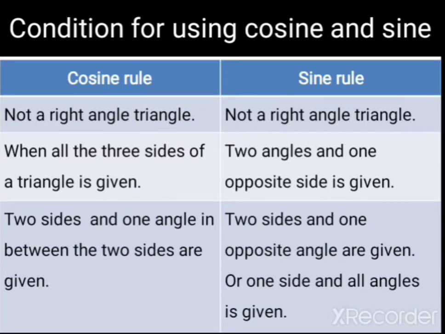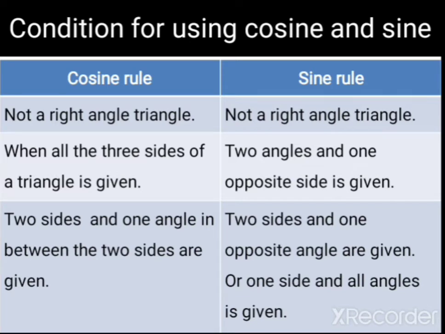But when to use sine rule, look at it. I don't want to bulk you with too much information. Just apply this simple logic. First of all, the triangle is not a right angle triangle. Check if you can use cosine rule. If you cannot use cosine rule, sine rule will work. Let me repeat myself. Check if the triangle is a right angle triangle. If it's not, check if it can be solved using cosine rule.